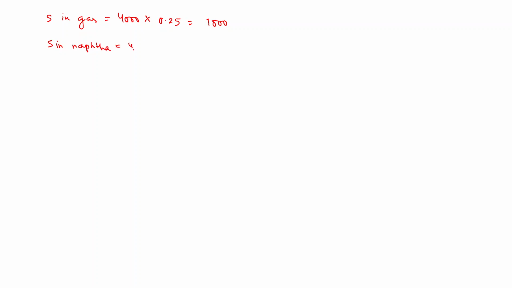Naphtha is given 10%. Sulfur in VGO is given 45%, and sulfur in coke is given 20%.